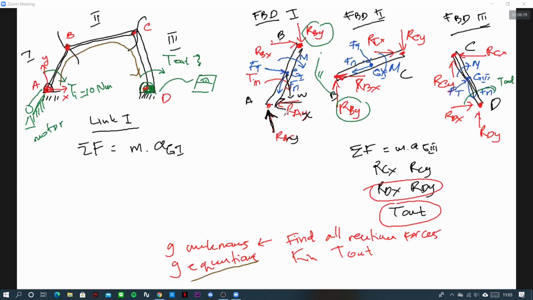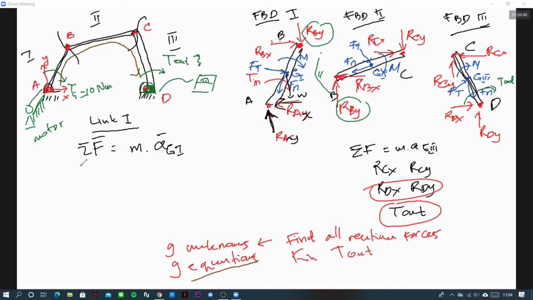We have RAX, RAY, we have the input torque, we have the RBX and RBY. Okay, you can either type it as a vector, or you can type it one by one as X and Y. For this case, I will let you decide.